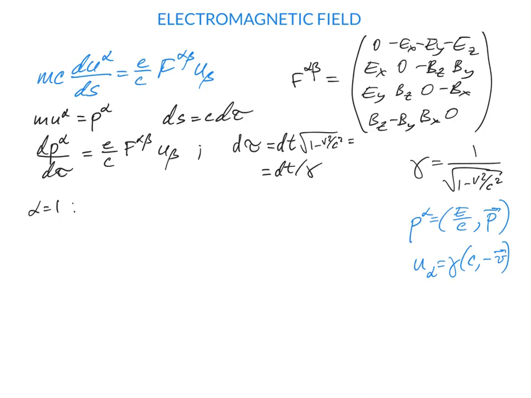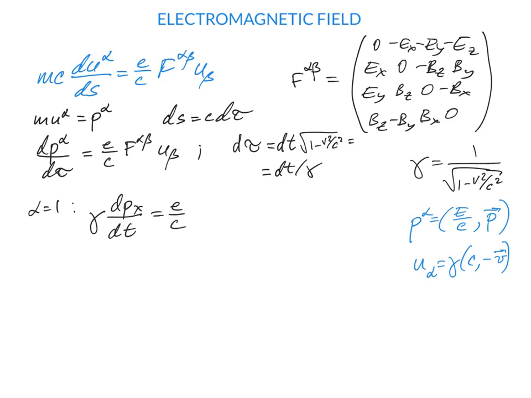So on the left we have d px by d tau. Now d tau is dt divided by gamma, so we can write dpx by dt, with gamma in the numerator.